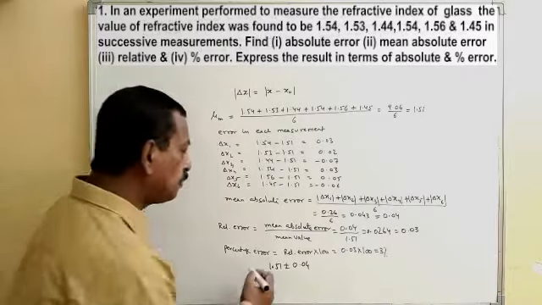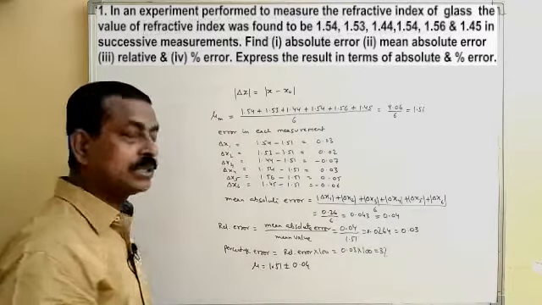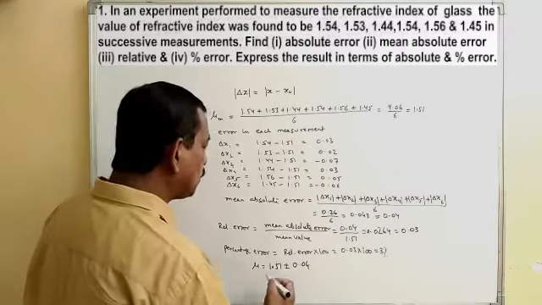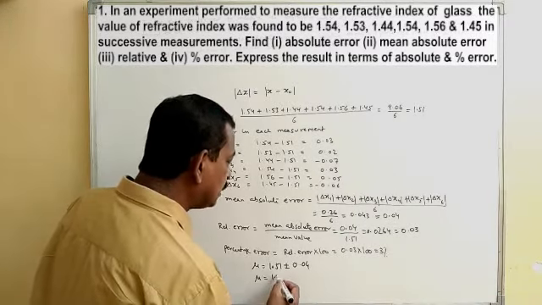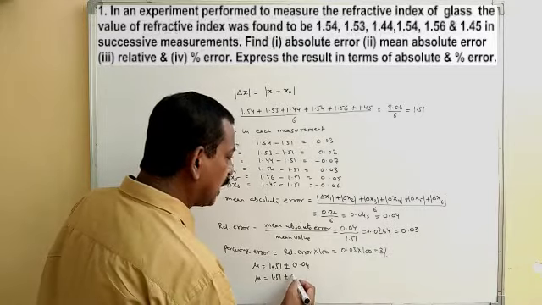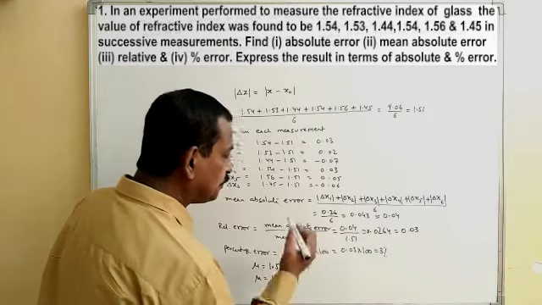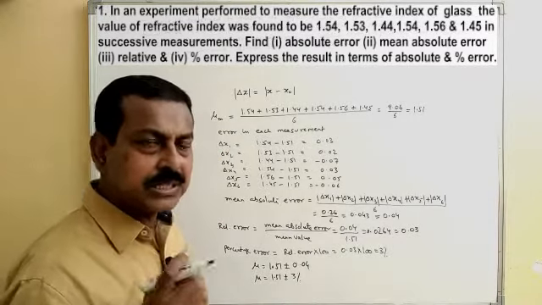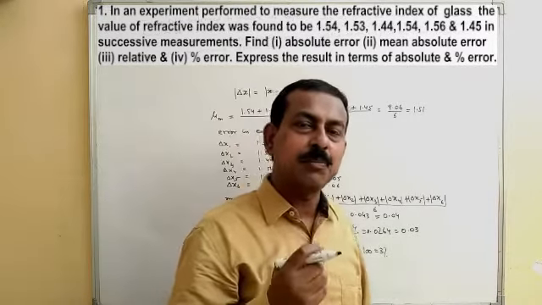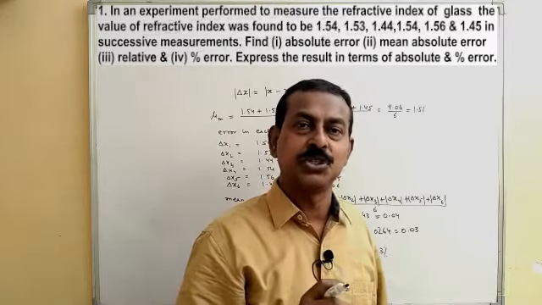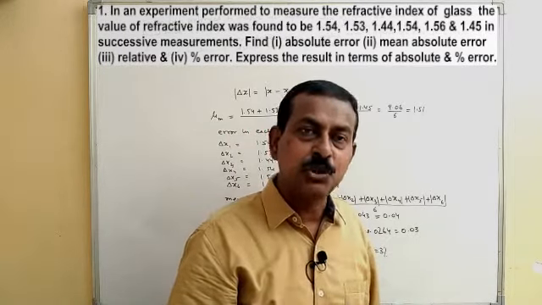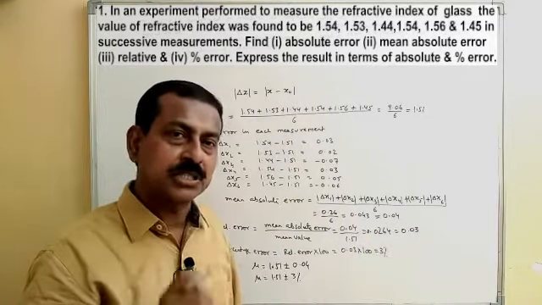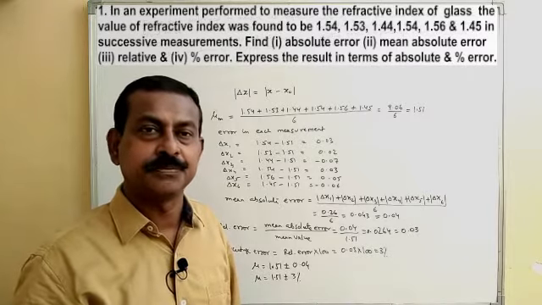So this is the expression for mu if you express it in terms of the mean absolute error, and if you express it in terms of the percentage, then it is your 1.51 plus minus 3%. So this is how we do this. This is basically just a recap of the terms which we have used: what is mean absolute error, what is relative error, what is percentage error. This numerical is based on that concept only and its definition.